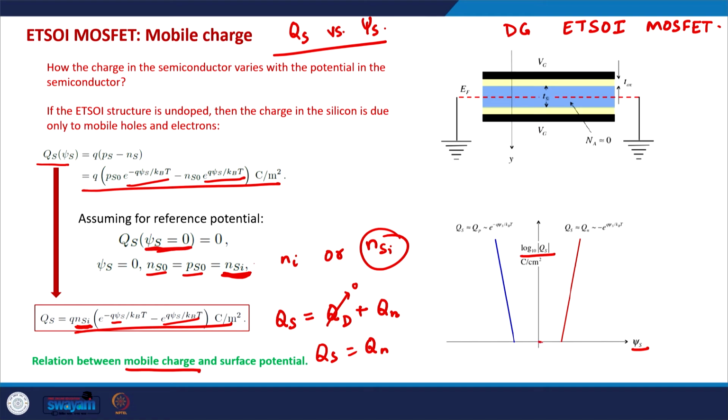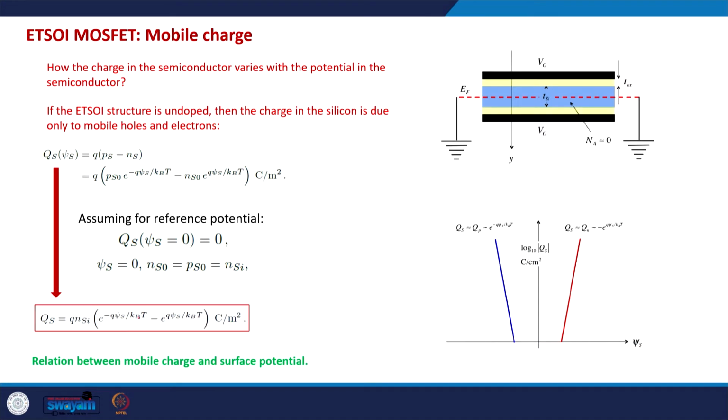If we plot log Qs versus psi s, up to a certain psi s, for example in the positive psi s regime, the negative exponential part will be almost 0, and only the positive exponential term will be there.